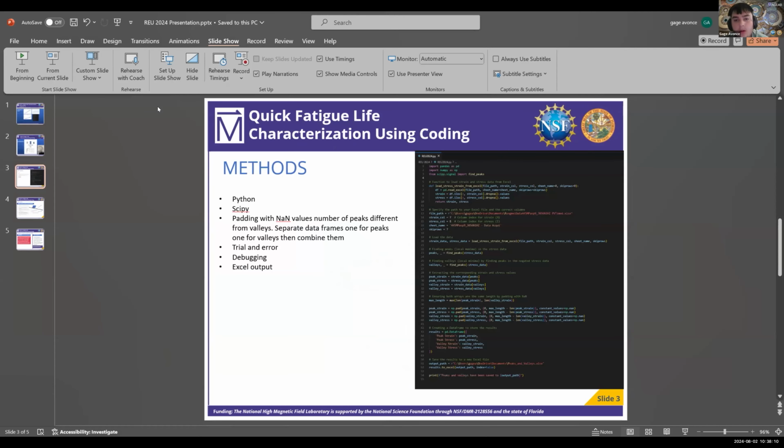So in order to get through all this data, I used Python, and I chose Python because it is known for being good for data analysis, and it's also a complex, higher level language.